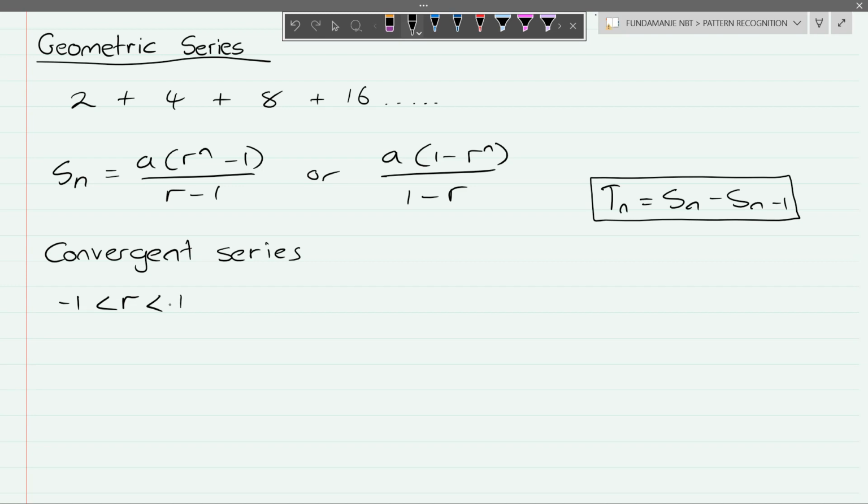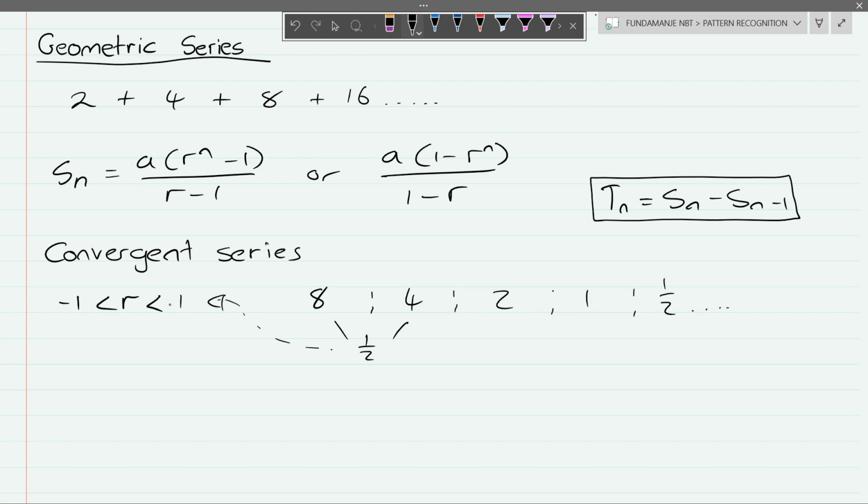Therefore, any pattern that has this condition, such as 8, 4, 2, 1, a half, going on and on. Here, term number 2 divided by term number 1 doesn't give us 2, it gives us a half. And a half meets this criteria over here.